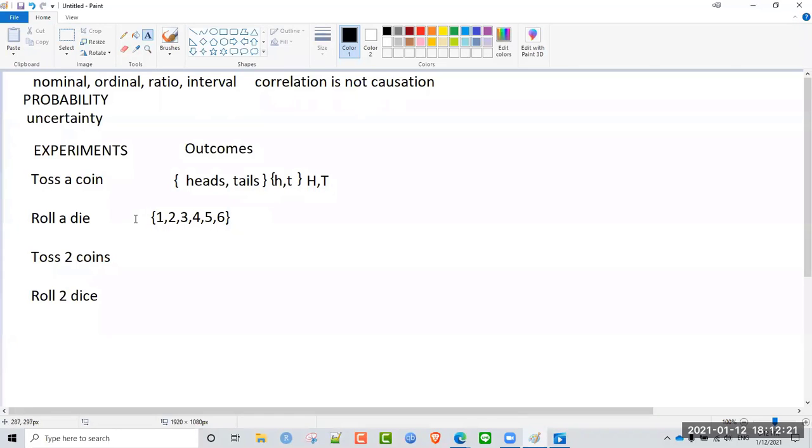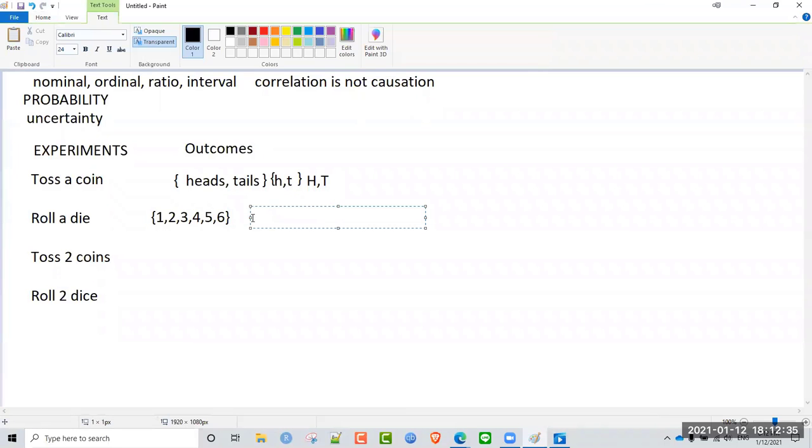As long as we list all the possibilities, then we'll consider that a good description or good representation of the outcome. So here, this is all the possibilities, but there are other ways we could do this. For example, we might break it up like this, even and odd. That also describes all possibilities, right?